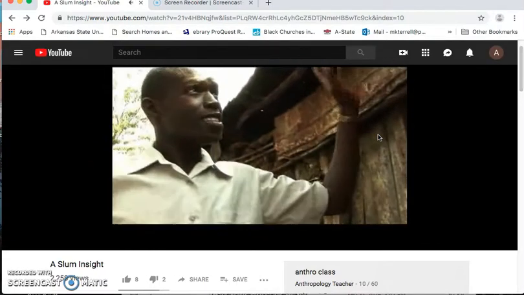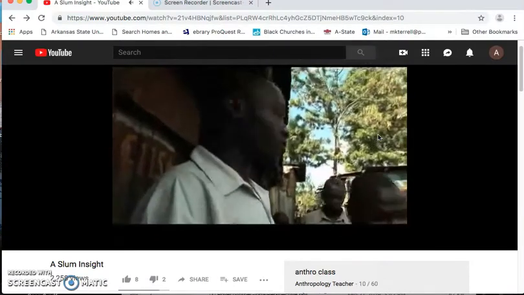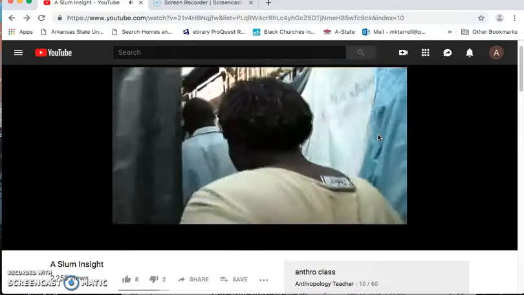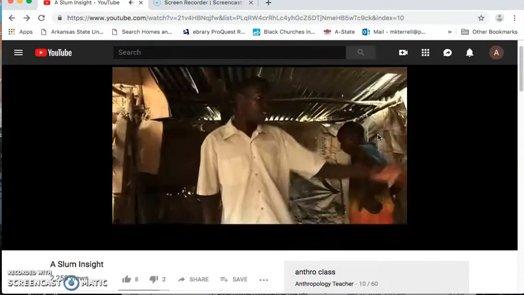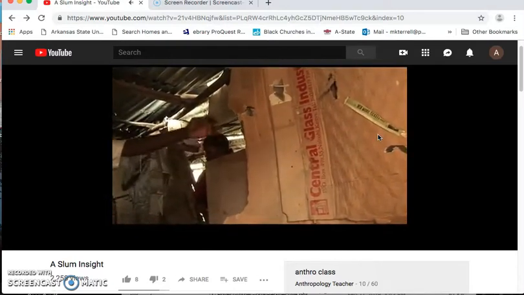The roof, as you can see, is not that good. The water just gets inside as if there is no roof. This is also somebody's house. The wall itself was of curtain. There's not even an iron sheet in the walls.